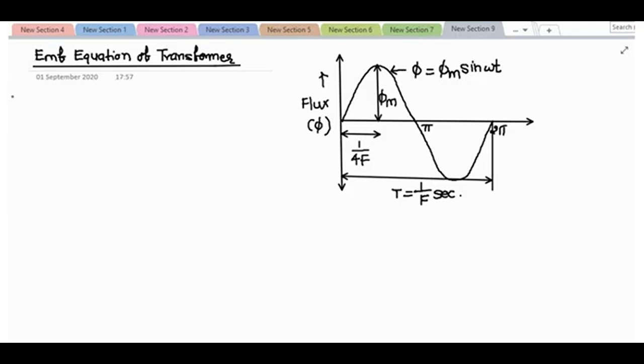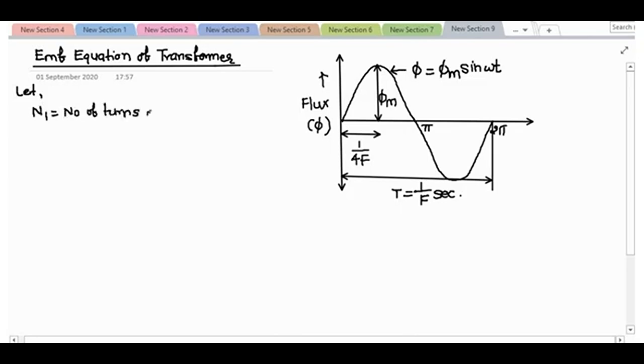So, let N1 be the number of turns of primary winding. N2 are the number of turns of secondary winding.